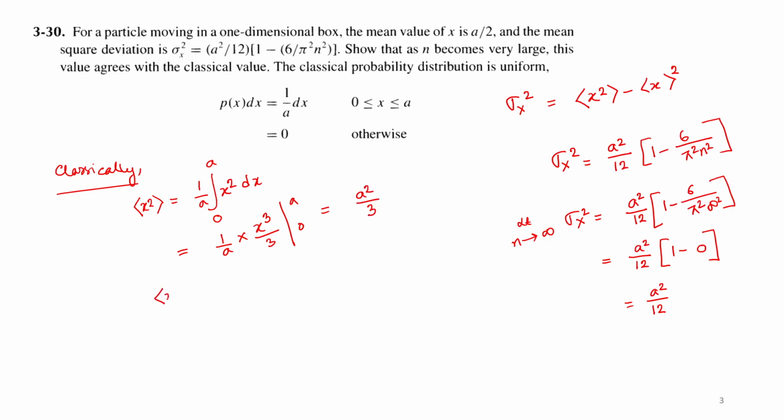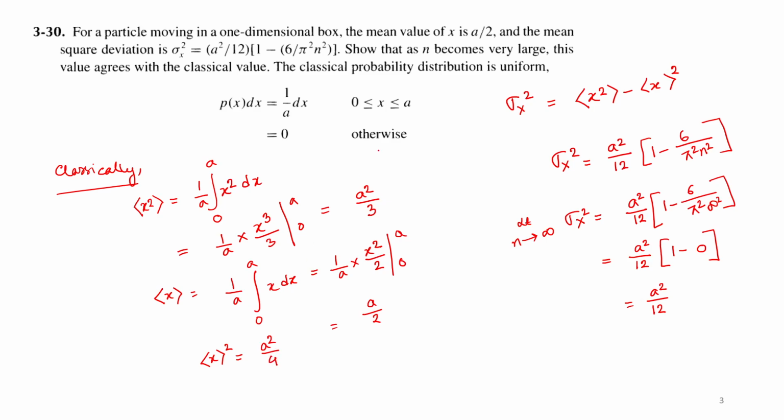And similarly for x, classically you will get the integral from 0 to a of x dx, which is 1 by a times x square by 2 from 0 to a, which is a by 2. So the square of this will become a square by 4.